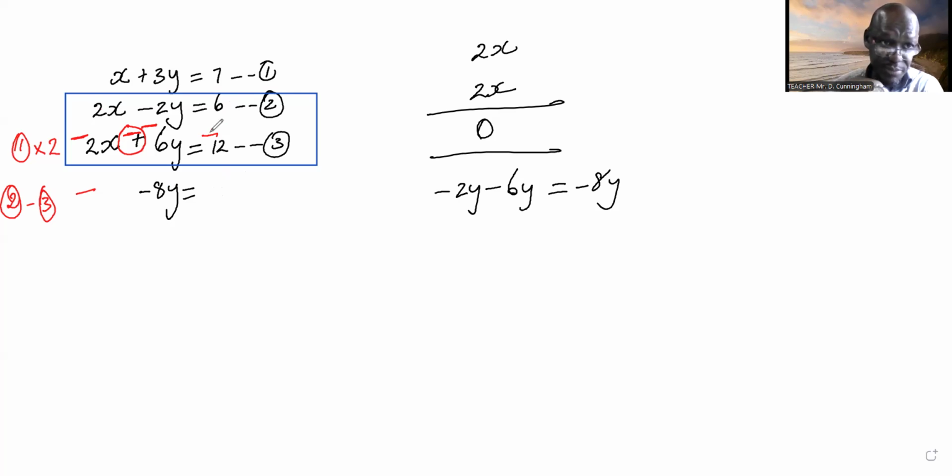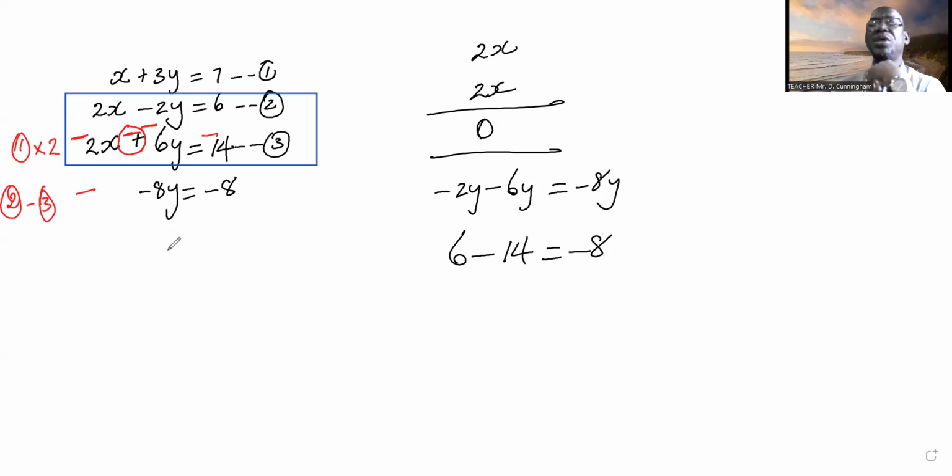Oh, I see where the problem was. This 12, because I did it before. When we were multiplying, 7 twos are 14. This should be 14 here. So it will be 6 minus 14. And that will give me how much? Negative 8, right?